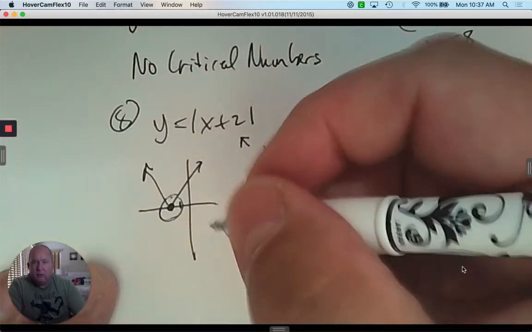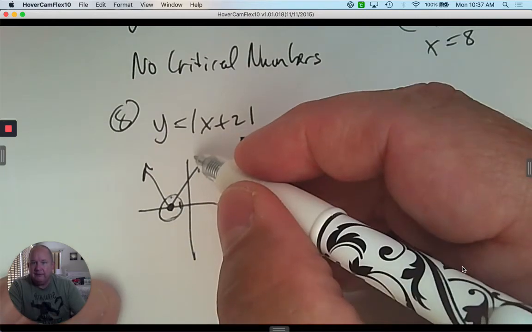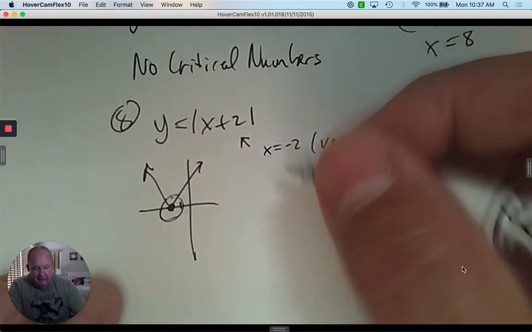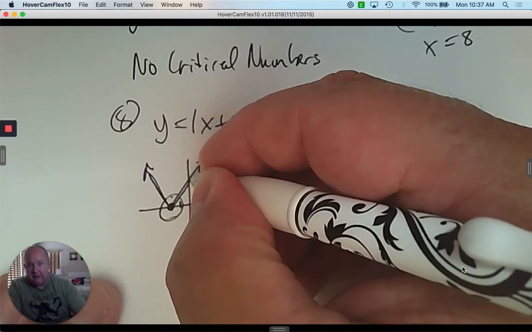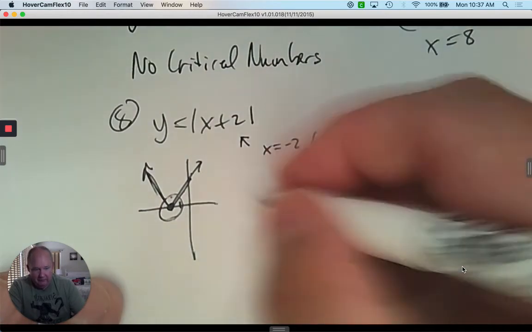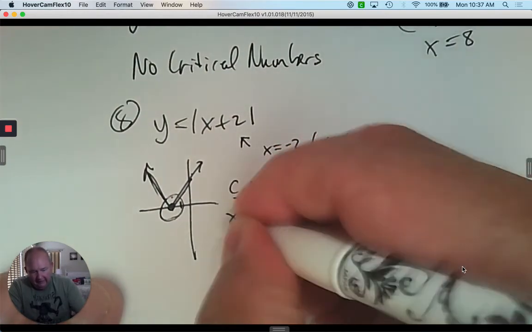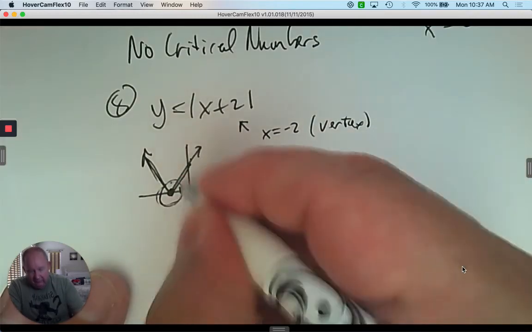And why is that undefined? Well, do you notice that a corner or a cusp means the first derivative is going to be undefined? The derivative to the left and the derivative to the right don't match. One's going to be negative and the other one's going to be positive. So we have a critical number when x equals negative 2. Why? Because at negative 2 it creates a corner.